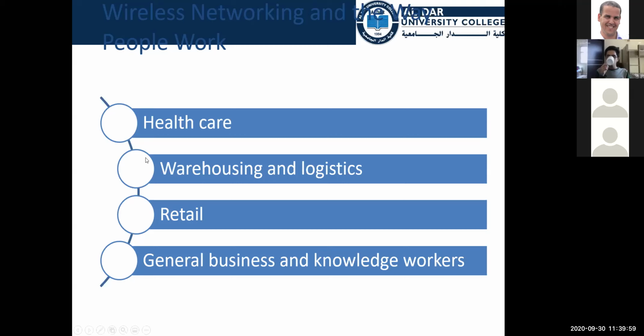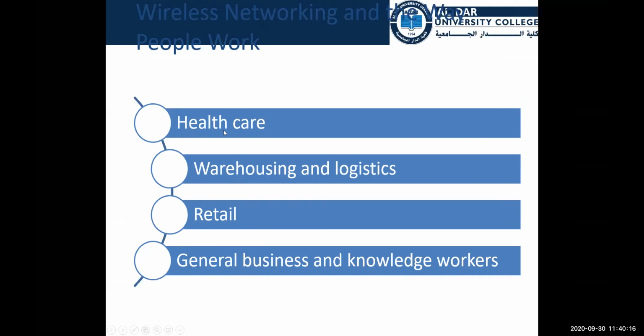So wireless network entered the business heavily for these sectors like healthcare, warehousing and logistics, retail, and general business and knowledge workers. For healthcare, there is real-time access to patient records.